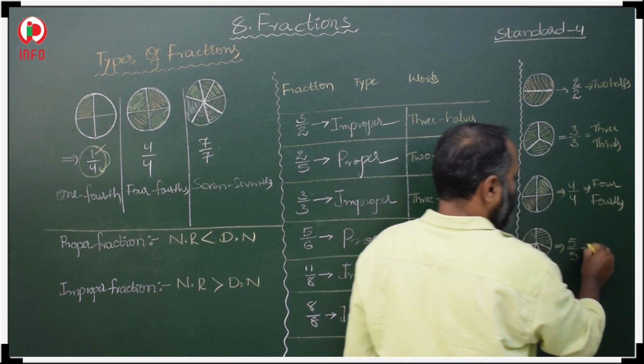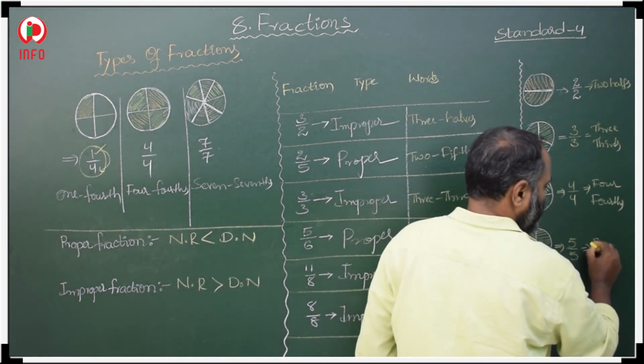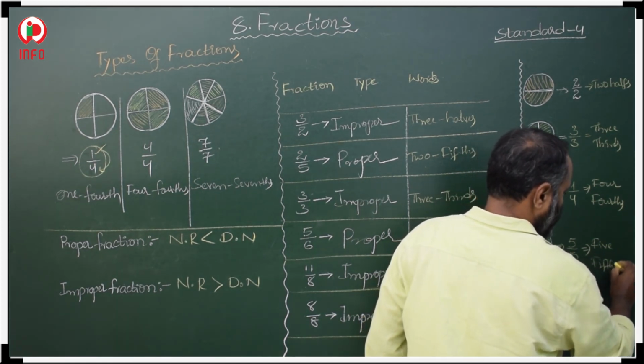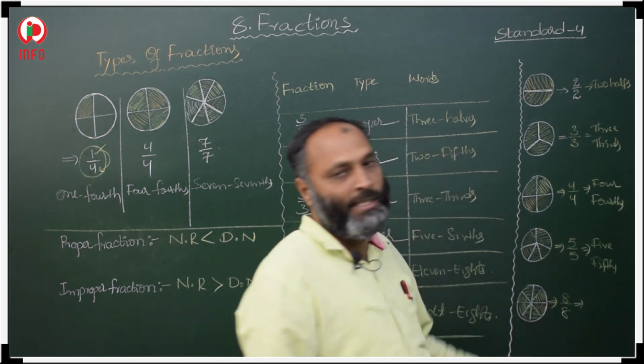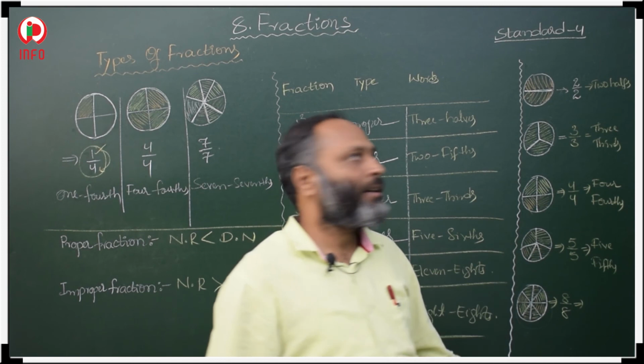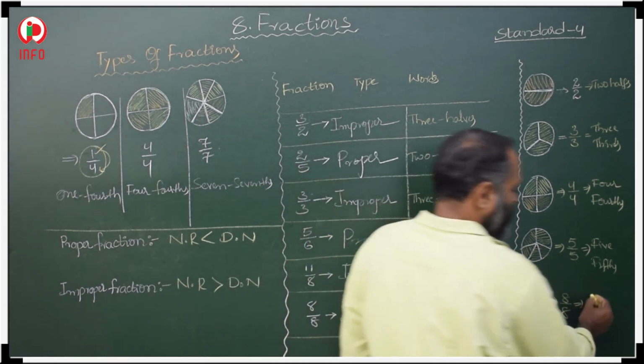Then here 5 fifths. Here 8 eighths. If 6 parts, then how to represent? 6/6. How to read that? 6 sixths.